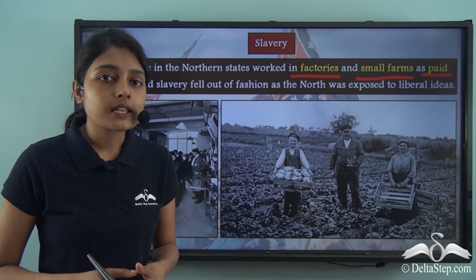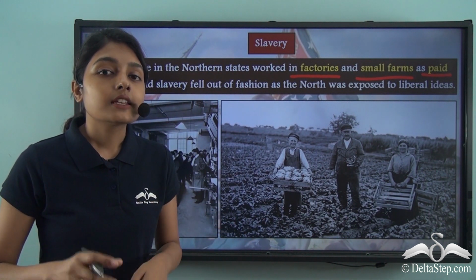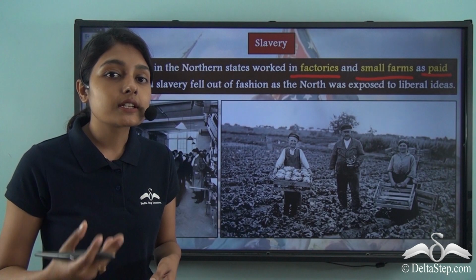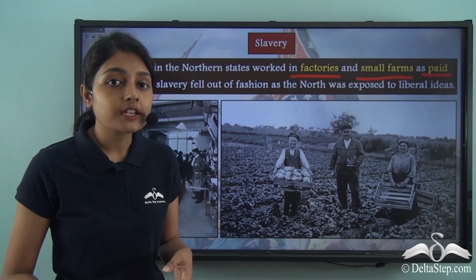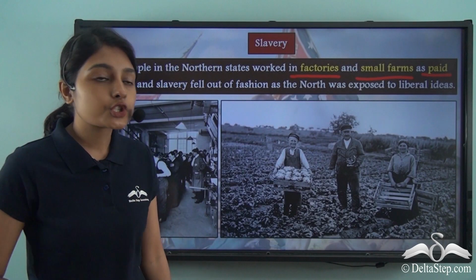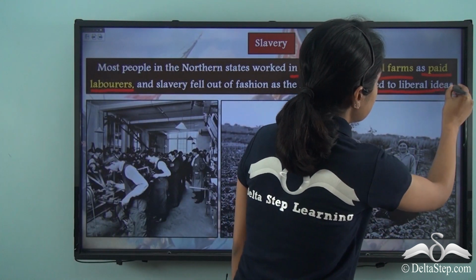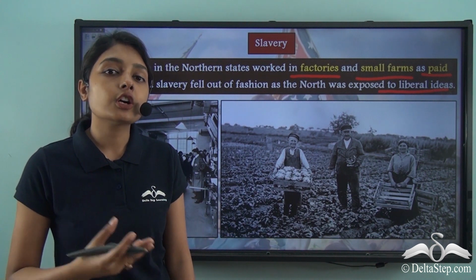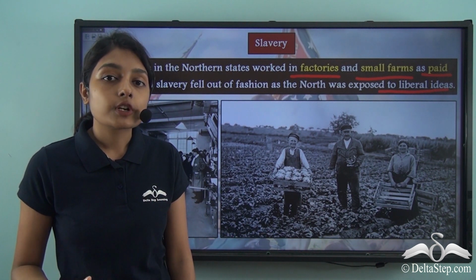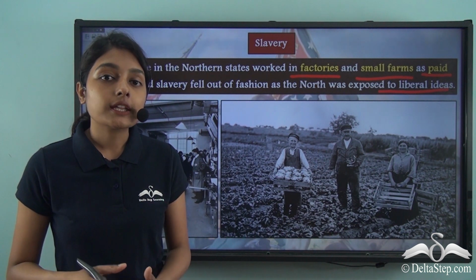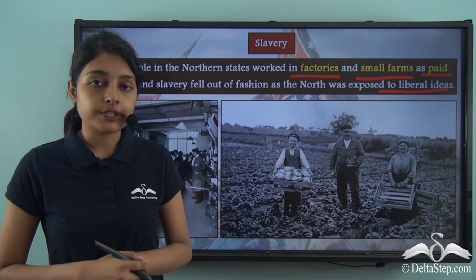Now, the northern states also realized that the practice of slavery itself was dehumanizing. It was a dehumanizing institution that reduced human beings to commodities. Now, exposure to liberal ideas gave the people in the northern states this knowledge that slavery was an ill treatment, it was an ill practice, which is why they wanted to abolish slavery.